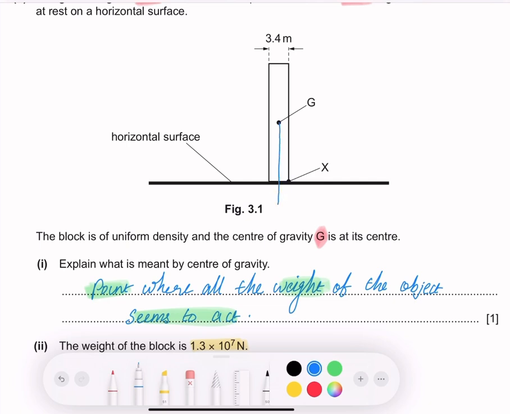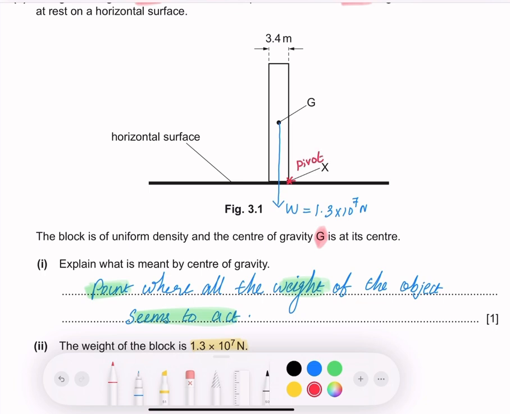So we can understand this is the line of action of the force which is acting on this block, and that force is the weight, which is also given, 1.3 times 10 to the power 7 Newton. And as mentioned, we need to calculate the moment about the point X. That means we can consider the point X as the pivot.